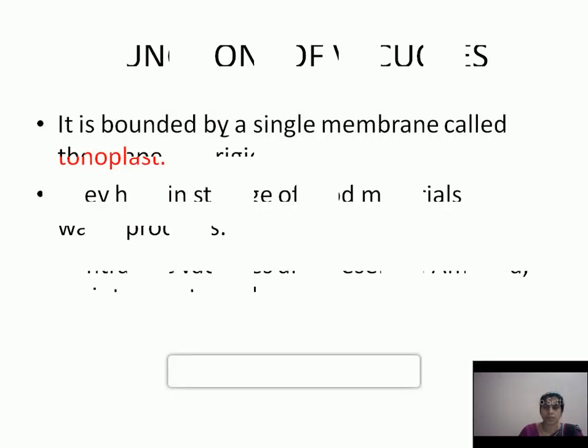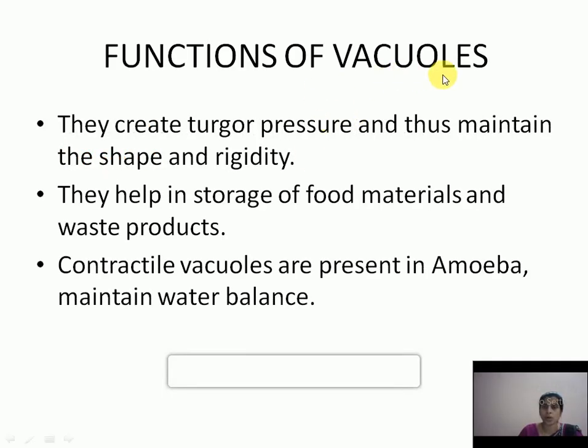And next is the functions of vacuoles. What is the function of vacuoles? They create turgor pressure and thus maintain the shape and rigidity. So what do you mean by this turgor pressure? Turgor pressure means what?